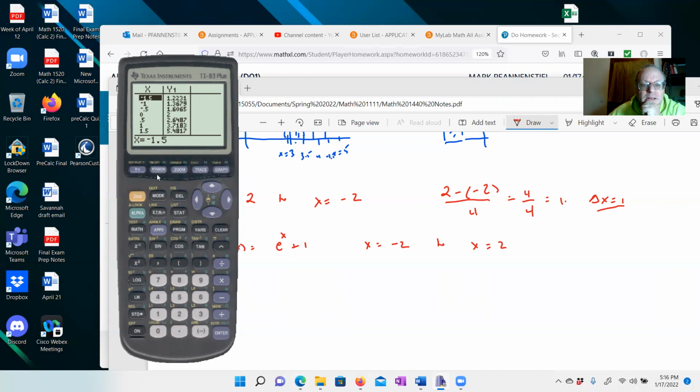When I did my table setup, second function, this guy, I started at -1.5. We could have started at -2, that would have been fine. I don't need to go with 0.5, but in the second part of the problem, you'll see why I wanted to do 0.5.